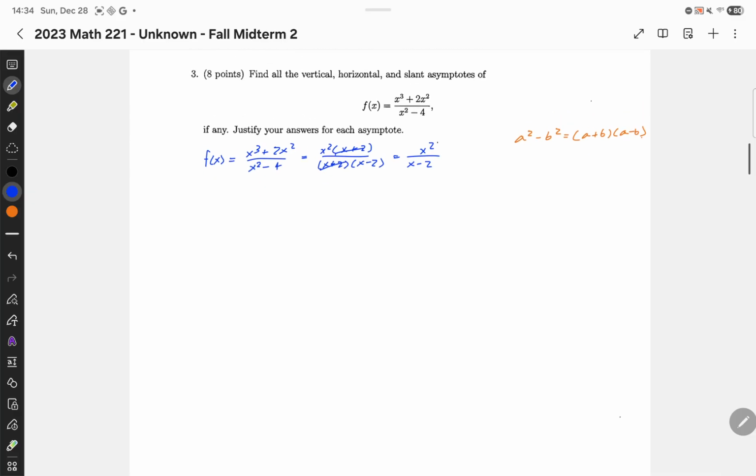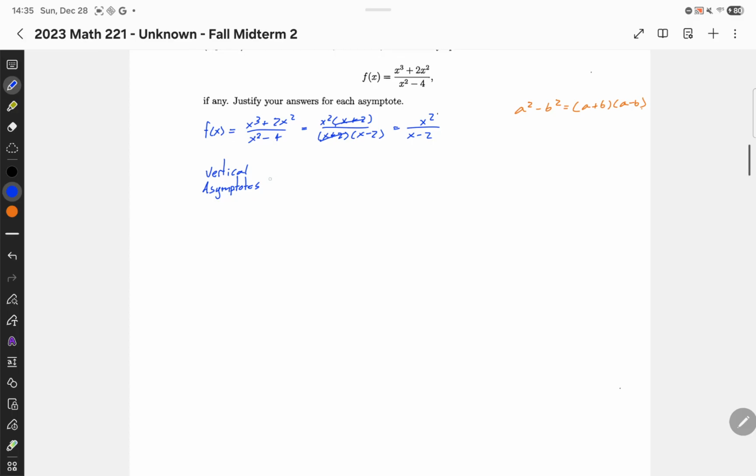So first off, let's check for vertical asymptotes. Remember, vertical asymptotes happen when the denominator is equal to 0. So, when does this happen? Well, we have x squared over x minus 2. Well, when is x minus 2 equal to 0? And this is pretty easy.